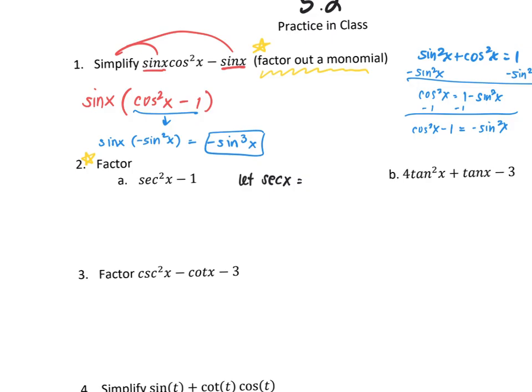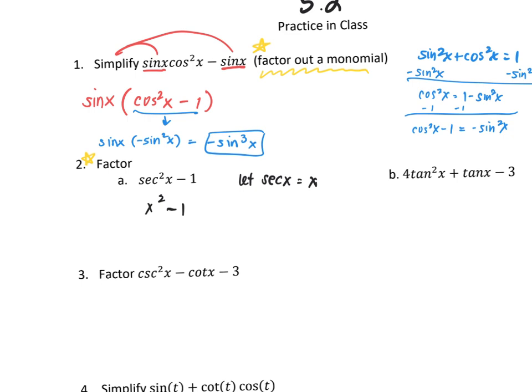So instead of secant squared, I'm going to write this as a squared minus 1. Or you could also write it as x if it doesn't get too confusing. I'm just going to write it as x squared minus 1. And this is a lot easier problem.